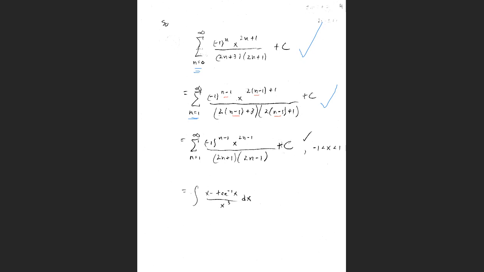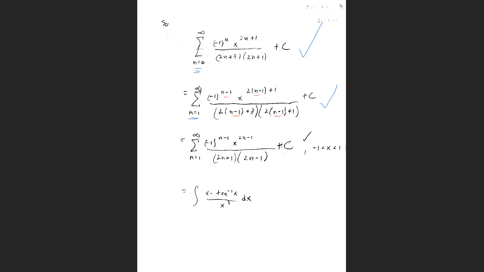It's an adjustment because the starting index is 1 higher than n equals 0. So you have to adjust your indexes to account for that, so that the terms of the series, no matter what the index starts with, all have to be the same.